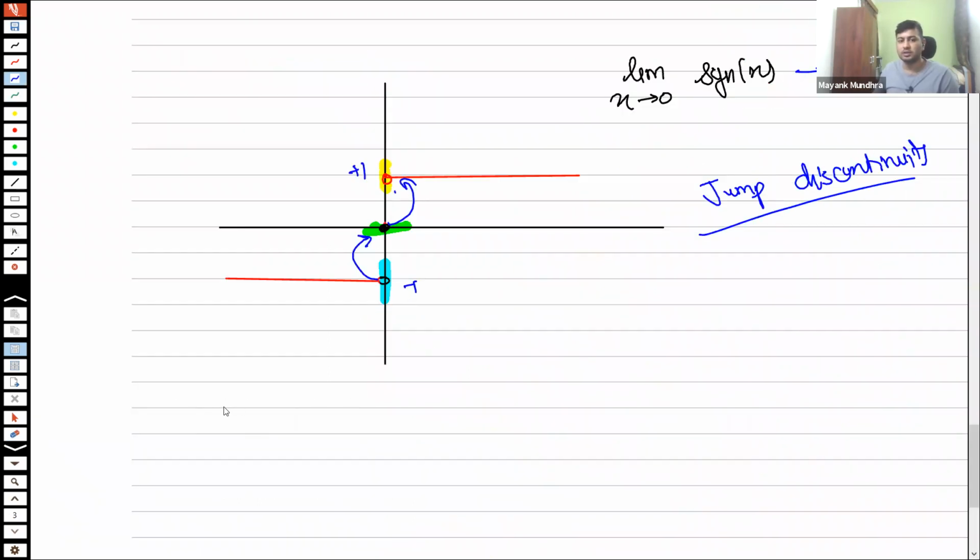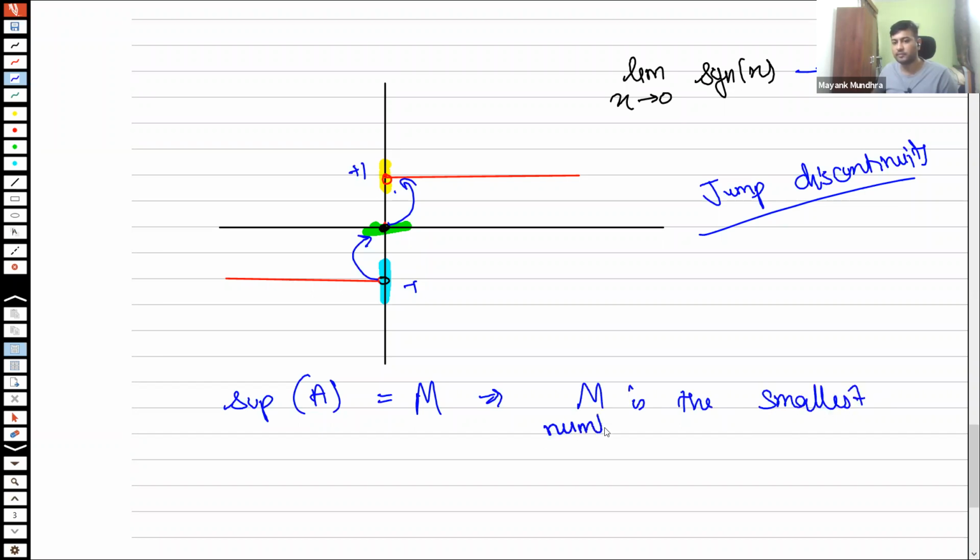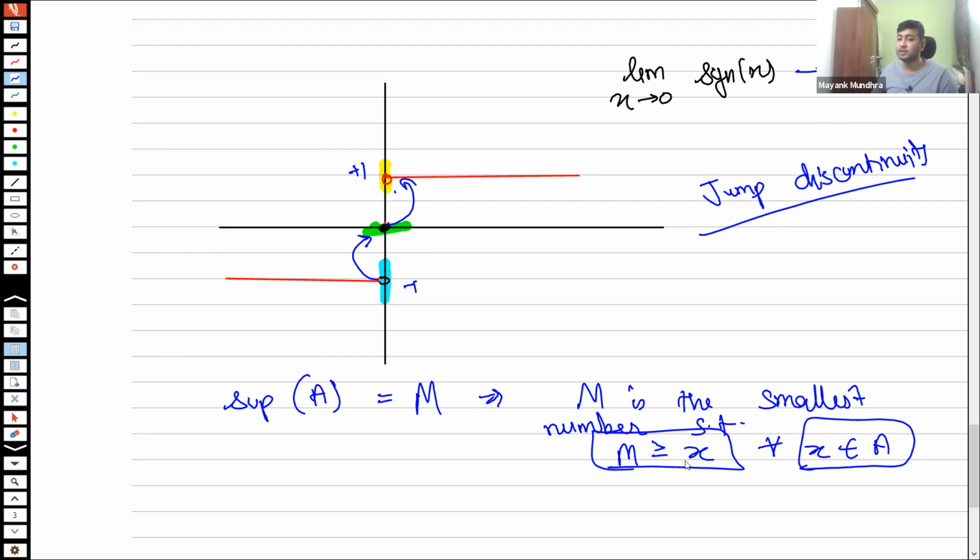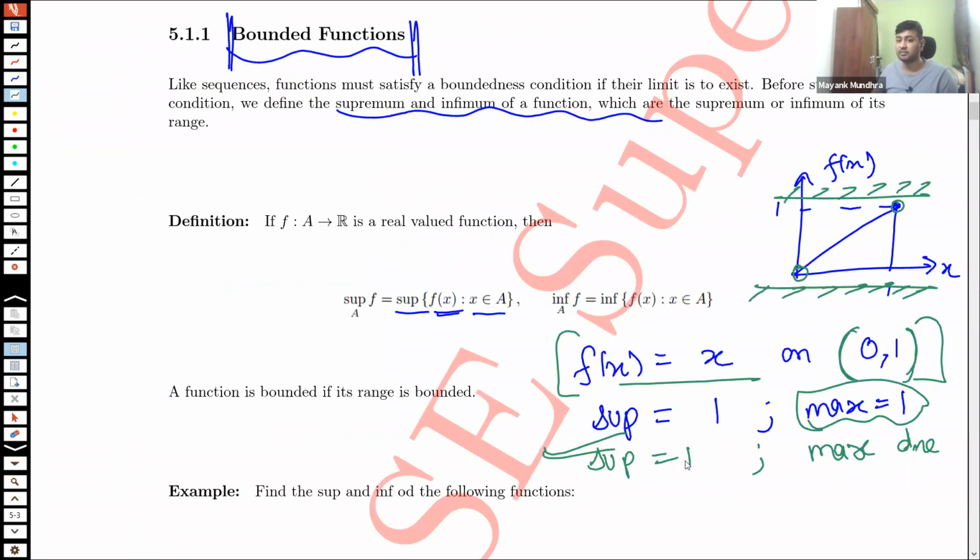So the supremum of a set A equals m implies m is the smallest number such that m is greater than or equal to x for all x in the set A. So for all the elements in the set A, m is the smallest number which satisfies the property that it is greater than or equal to all the numbers.